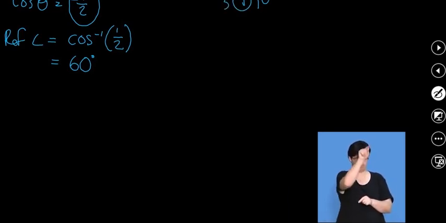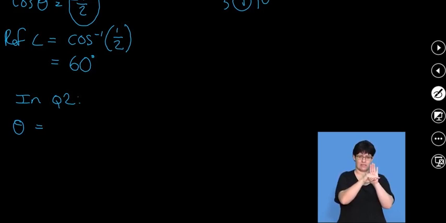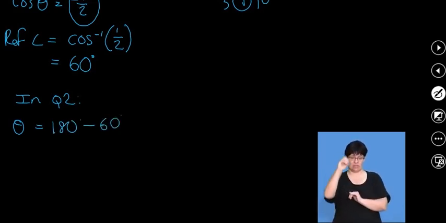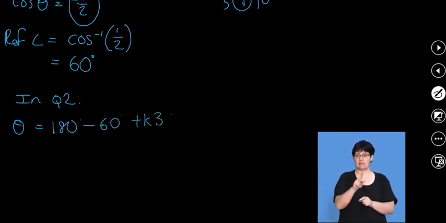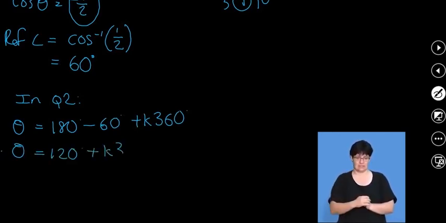So in quadrant 2, I've got 180 minus theta. So it's going to be 180 minus 60 degrees, plus K360, always with sine and cos, it's your K360. So therefore, theta is equal to 120 degrees plus K360.